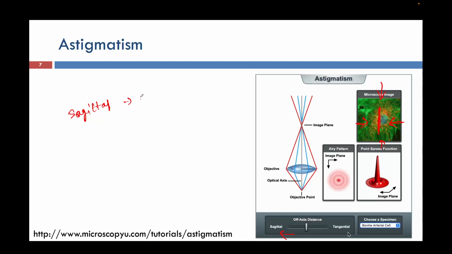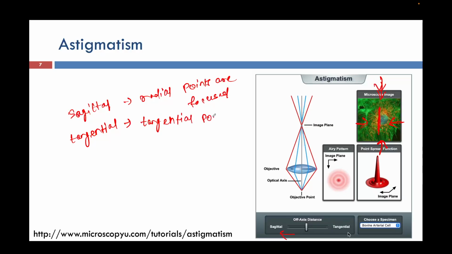So when I am seeing the radial points, they are focused at that time, leaving the tangential points. That means points on this plane and this plane are getting blurred. And when I am putting tangential mode, what is happening? The tangential points are focused, leaving radial points completely blurred.